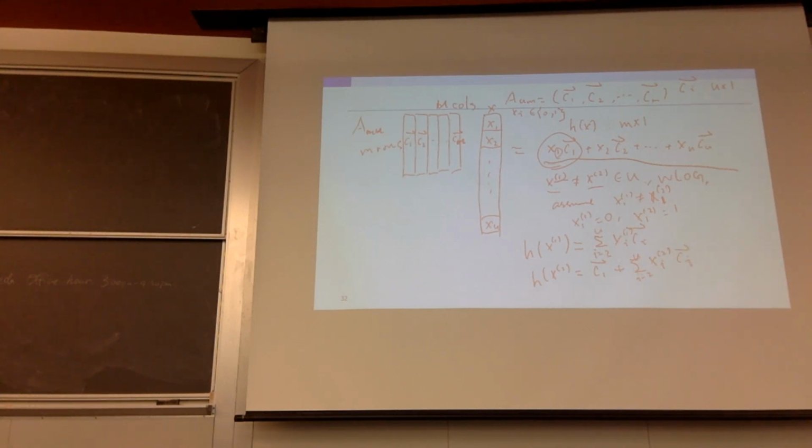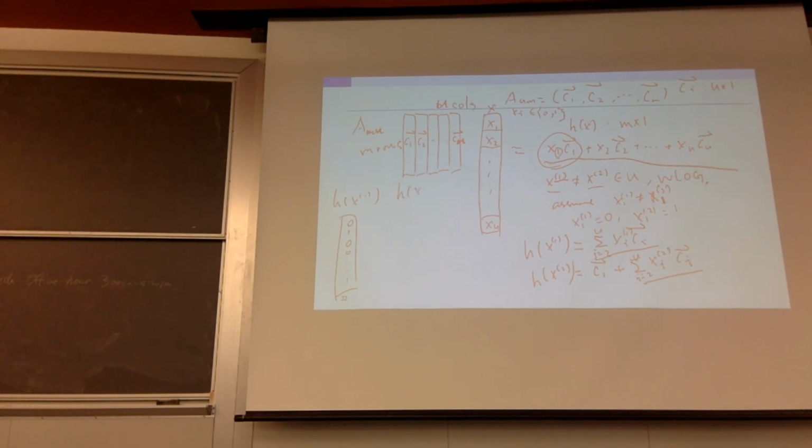Alright. So the next thing that happens is, if you look at this, let's just look at the second part. Let's first ignore the first thing. The second part of these two formulas: h of x1 is going to be some combination of 0, 1s.